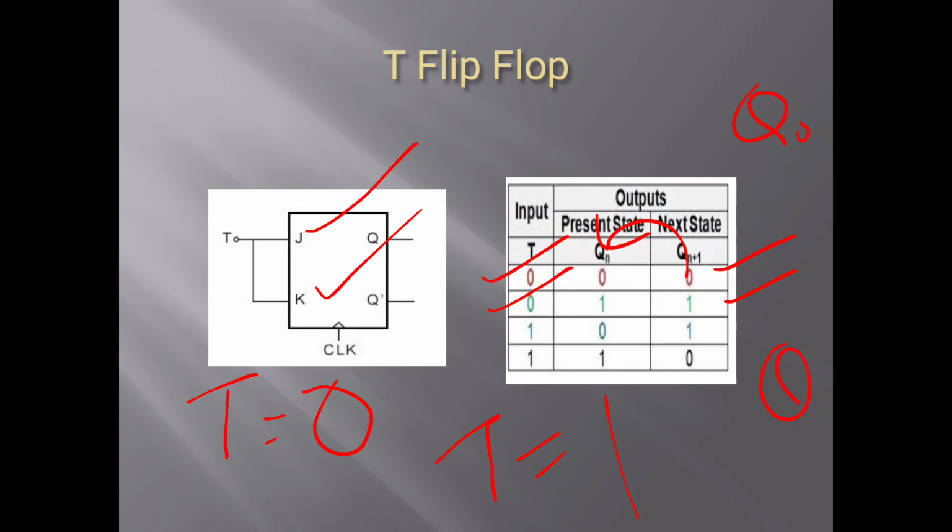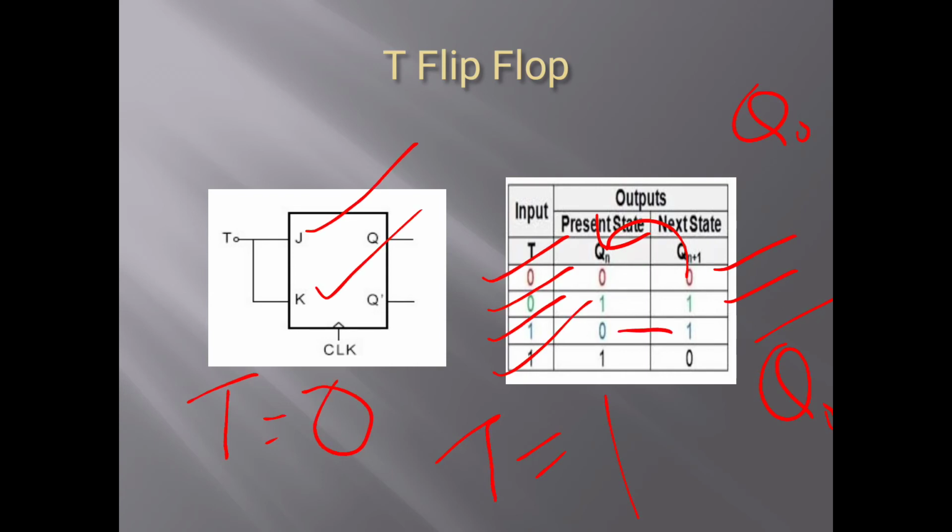Complement state means Q0 complement. It means the output of the T flip-flop when T equals 1 will depend on the previous state of Q, as it will toggle the value of Q when the input value of T is 1.